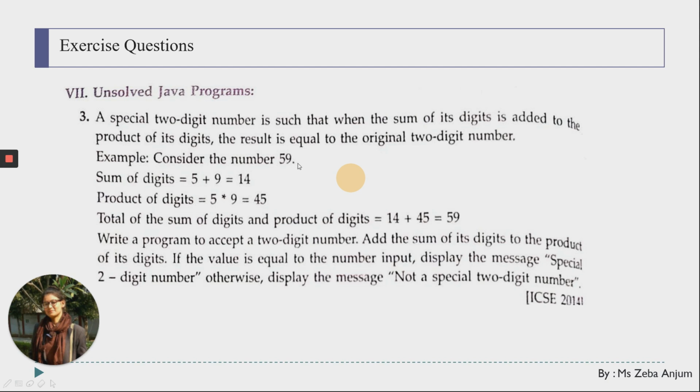And if you do the number modulus 10, it will give you the remainder, and the remainder will be 9. That is how you are going to break these two digits. You calculate the sum and the product as well, add both the quantities, and compare the final result with your original number. So now let's try the question.